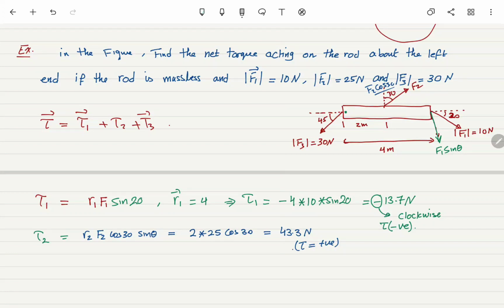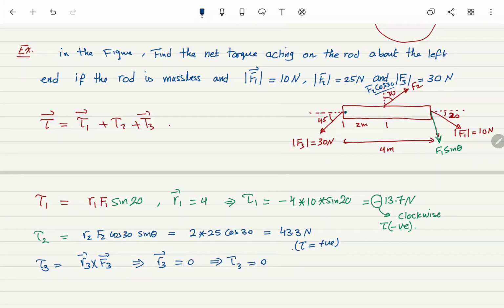Now let's move on and find the torque 3 in this case. Torque 3 is equal to R3 cross F3. Now R3 is the distance from the pivot, and here's the distance, so in this case R3 is equal to 0, which means no torque whatsoever from force 3.